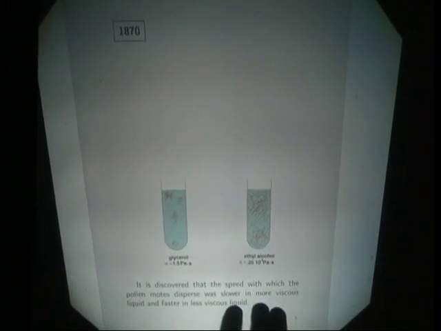Some patterns were discerned. One of them was that the effect depended very much on viscosity. So, for instance, if you put pollen into a very viscous fluid like glycerol, you would see much smaller and slower wandering than in a much less viscous fluid like alcohol.